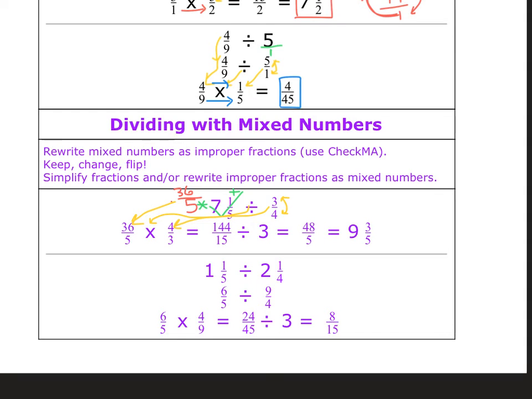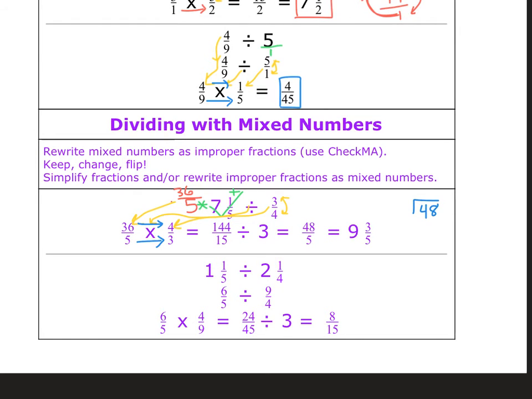Okay, from here, I multiply straight across. I end up with 36 times 4 of 144, 5 times 3, which equals 15. These numbers you can divide out a 3, and you end up with 48 over 5, but that's improper, so you have to keep going by turning that improper fraction into a mixed number.